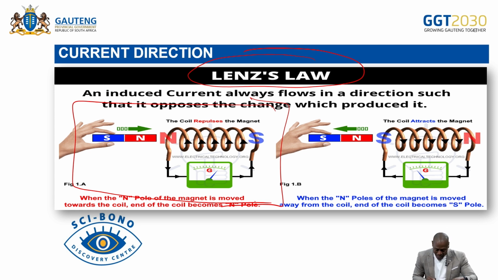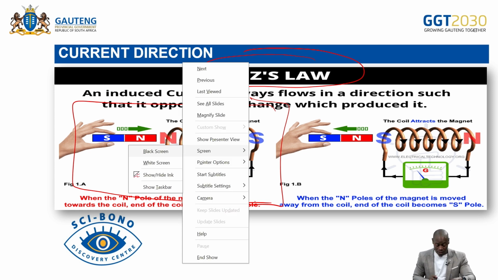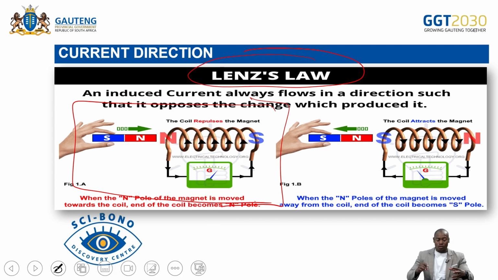The induced current always flows in the direction such that it opposes the change which produced it. Now, we are pushing this magnet towards the solenoid, all right? So what is going to happen to the induced current direction?